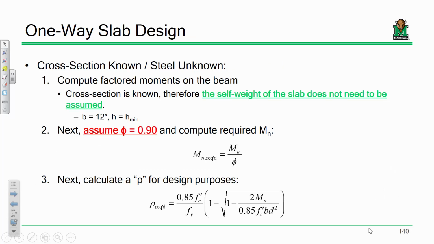So what's our procedure? Step 1, we compute the factored moments on the beam. One of the things I want to tell you right now with slabs, because this is really easy to think that you might be doing something wrong: whenever you're looking at slab problems, the actual magnitudes of your moments are pretty small, okay?